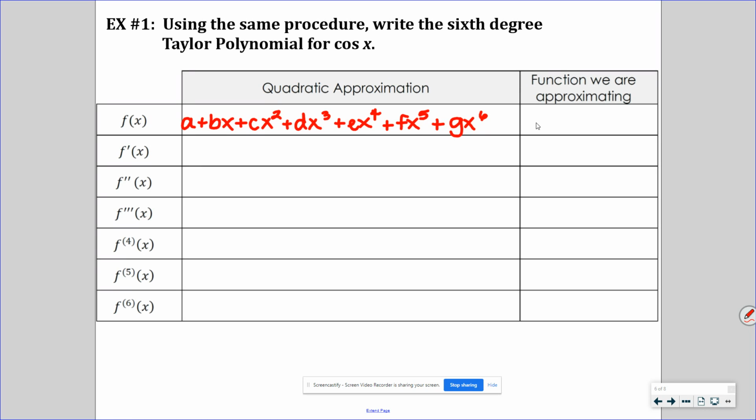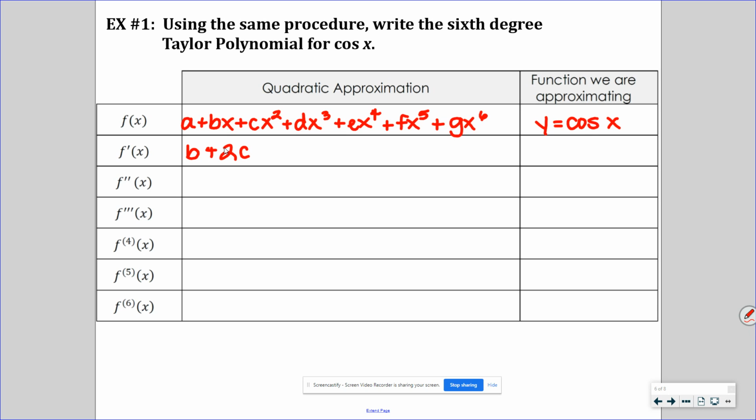The function we're approximating again is cos of x. So here's the idea. This big, long, messy thing is going to be almost exactly the same as cosine, actually. So we're going to go through and take derivatives over and over again. The first derivative is just going to knock the a out, and it's also going to leave me with, remember, bring your power to the front.